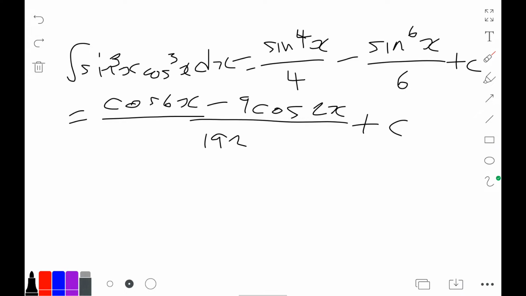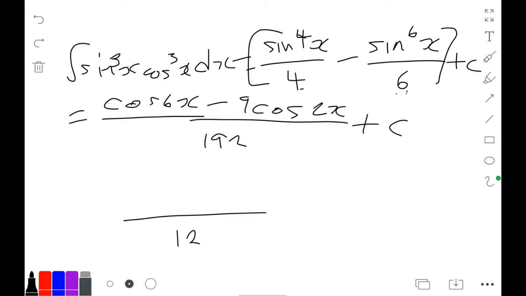So you can still factor here in this part. You have 4 and 6, you know that 12 is a denominator. It can be the lowest common multiple of 4 and 6. So that you can have 12 this way.